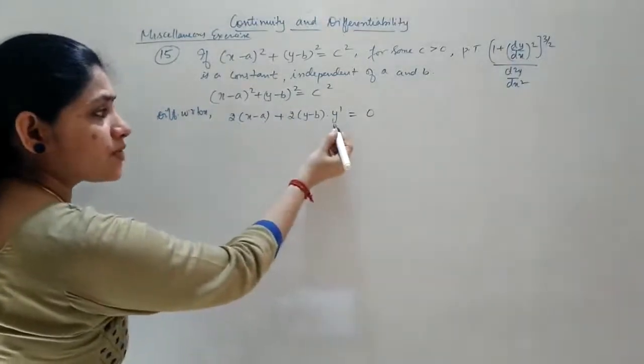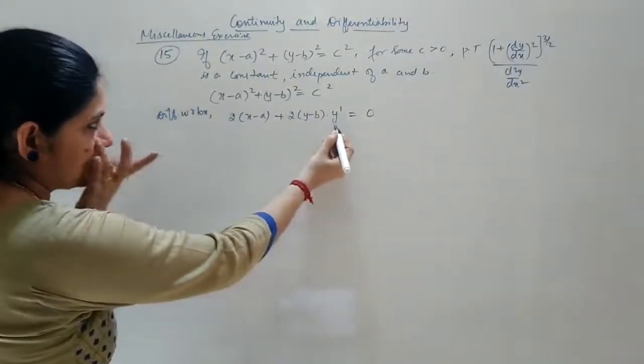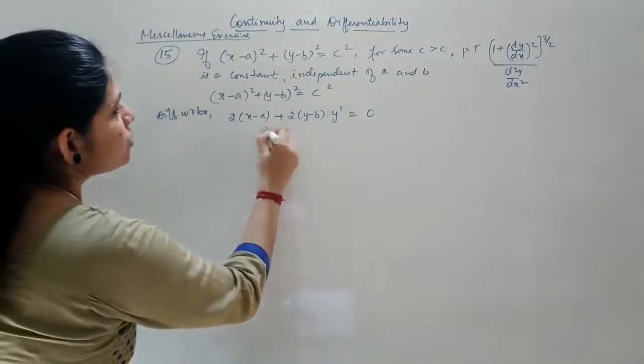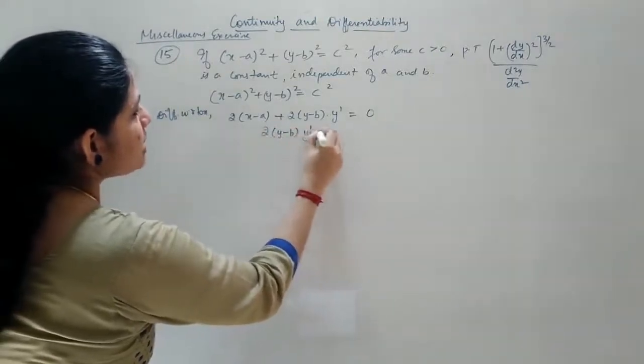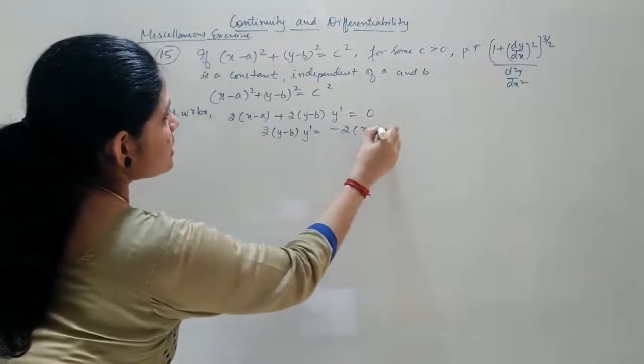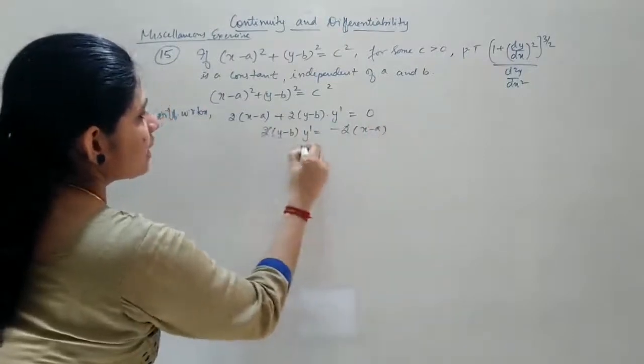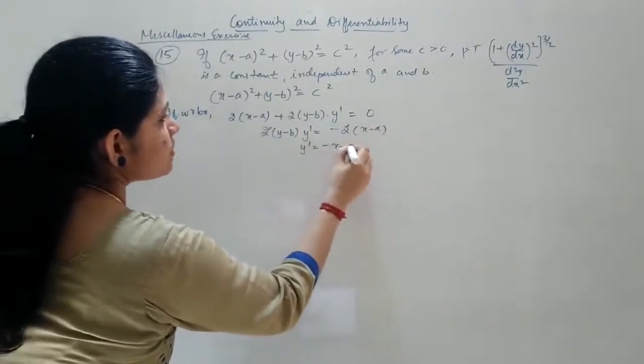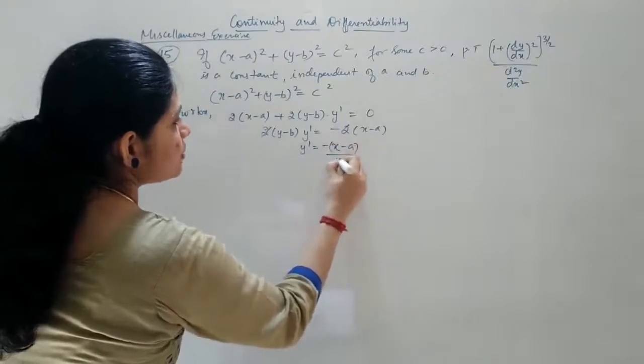Now we will find out what y dash is, or this dy by dx. So you will get 2 into (y minus b) into y dash is equal to minus 2 into (x minus a). 2 get cancelled and y dash becomes minus of (x minus a) divided by (y minus b).